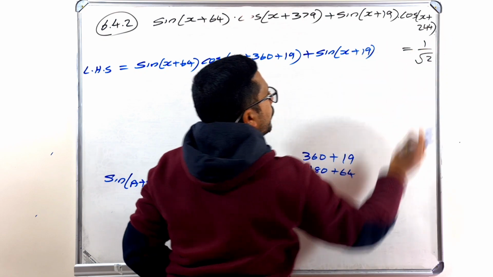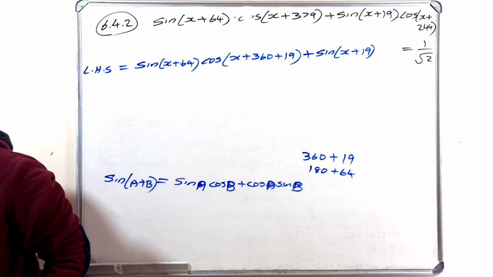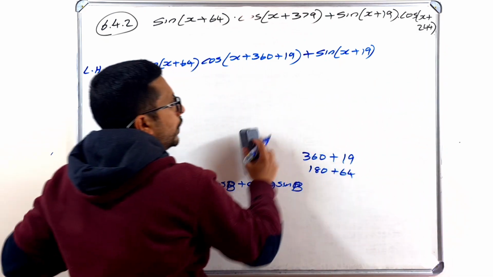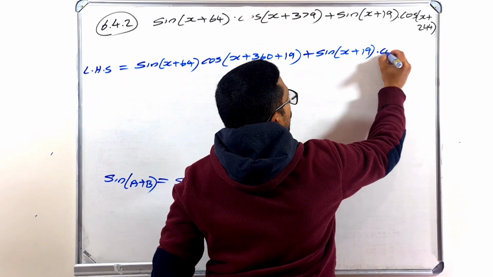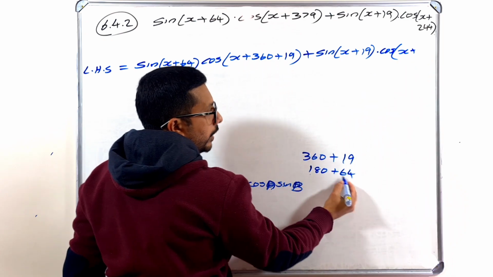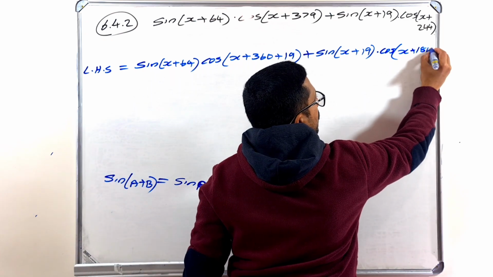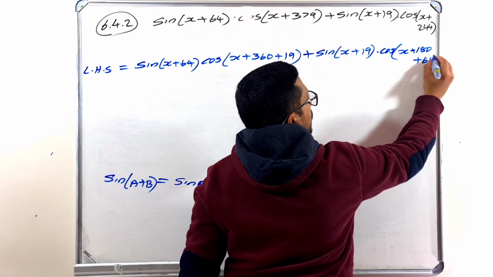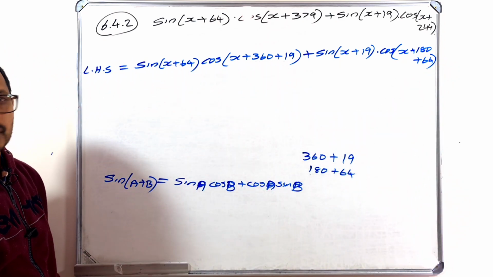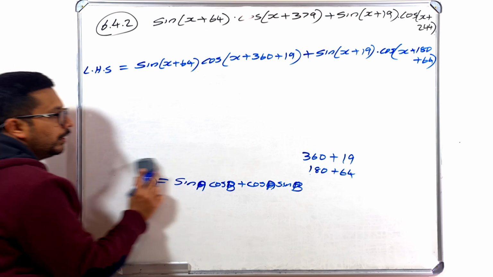Then cos of x plus 180 plus 64, that 244 is 180 plus 64.